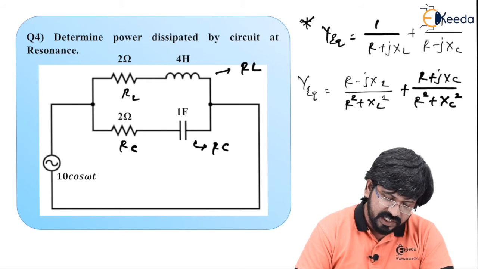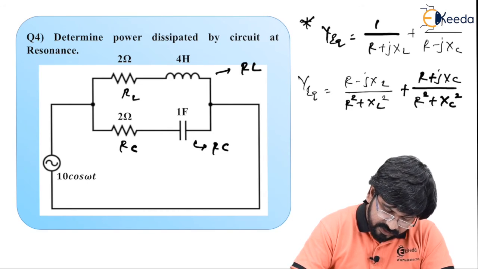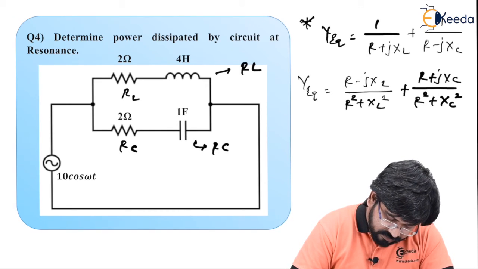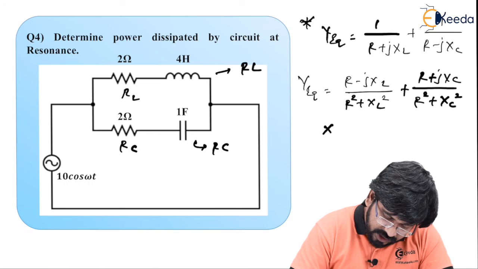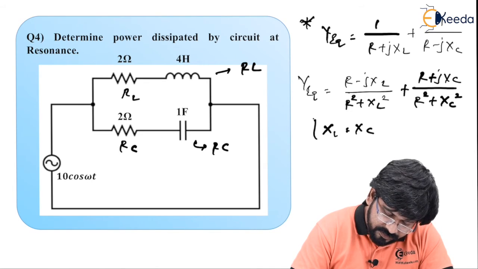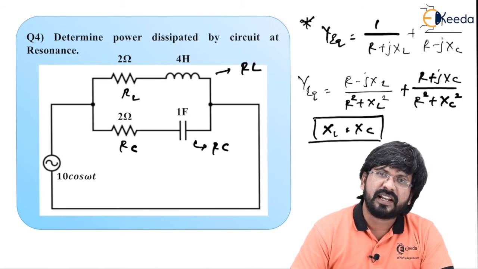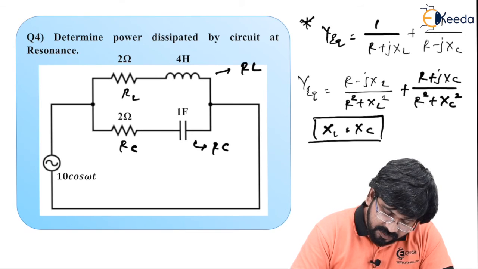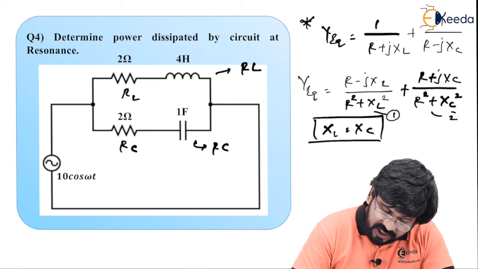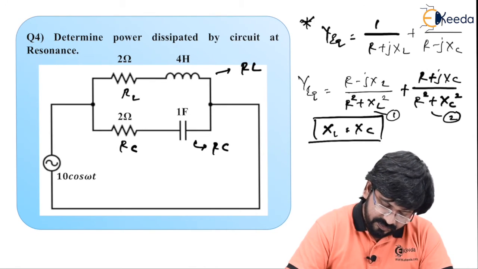When RL and RC are same, then you know the fact XL is always equal to XC. Since XL and XC are equal, I can claim this denominator and this denominator are exactly same.